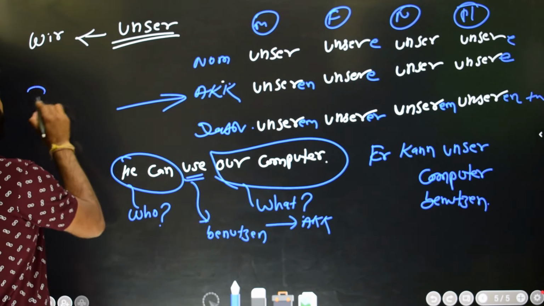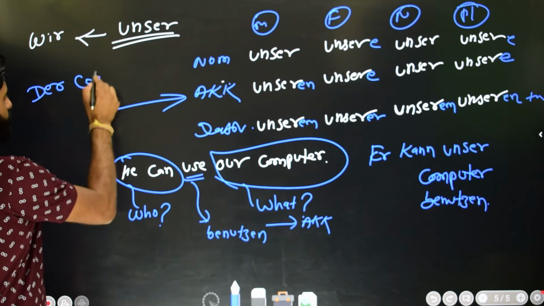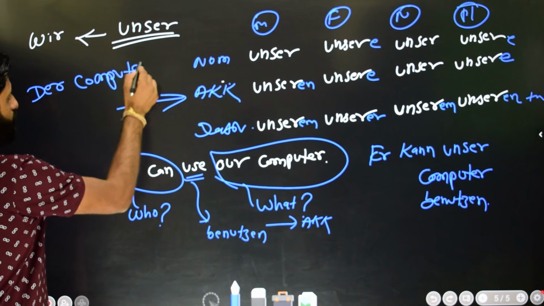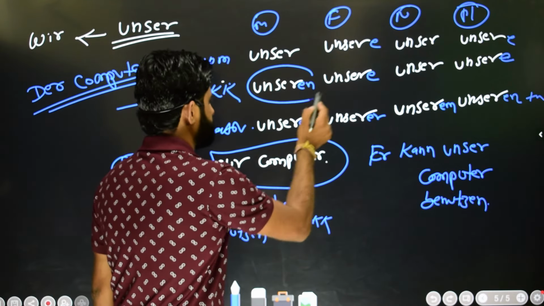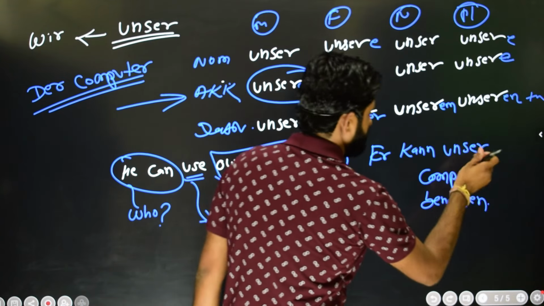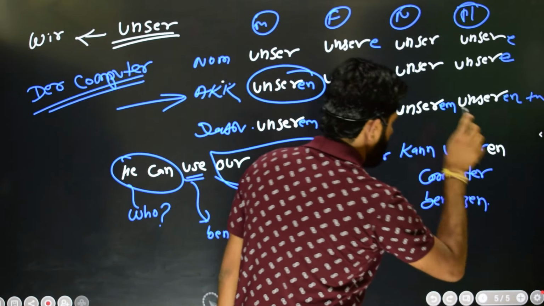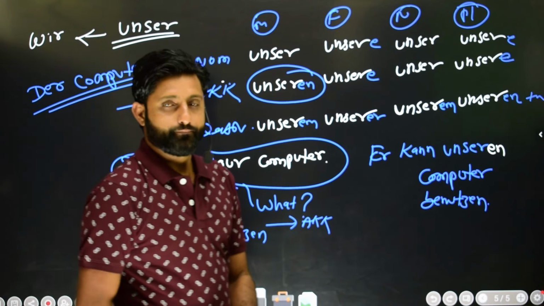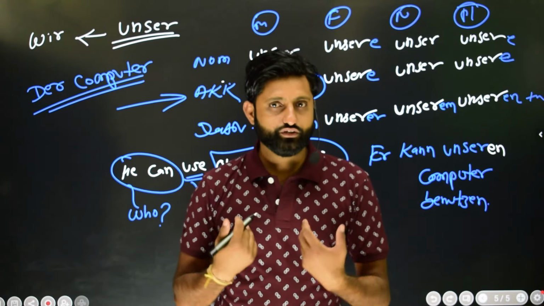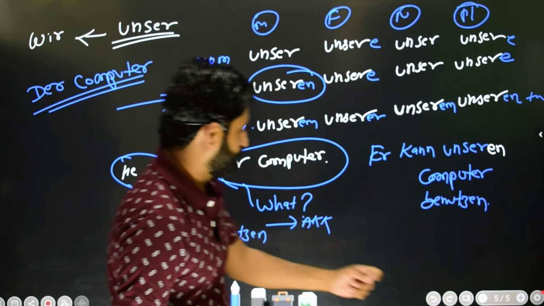The article is der. Der Computer is computer. So we will use this concept. So I'll use here en. Er kann unseren Computer benutzen. Okay, er kann unseren Computer benutzen.